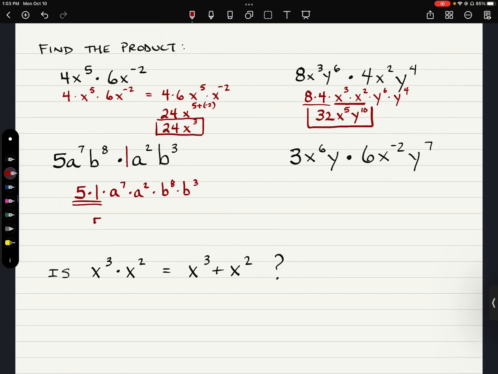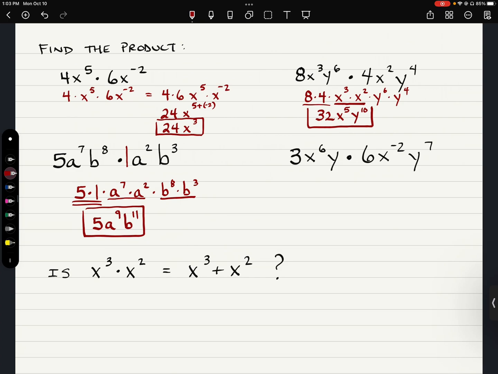Well, 5 times 1 gives us 5. A to the seventh times a squared. How many times are we really multiplying a here? That would be a to the ninth power. And then b to the eighth, b to the third, that would be b to the 11th power. And there we go.